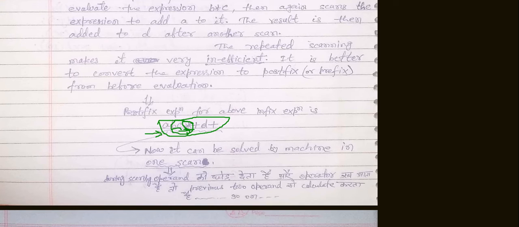Now here you can see b c multiplication, this is the postfix expression of the sub-expression, and the machine will calculate it like this.